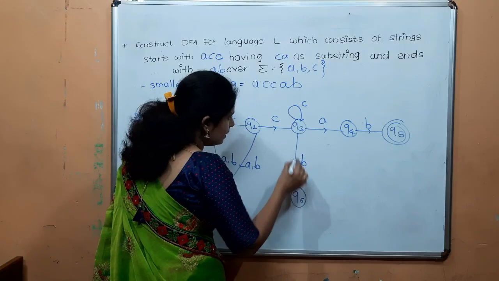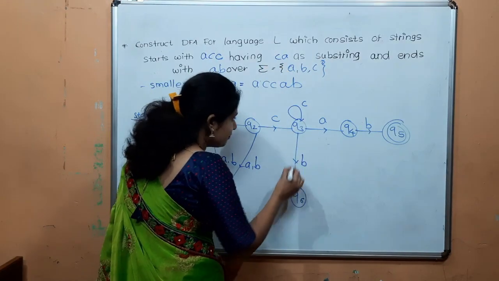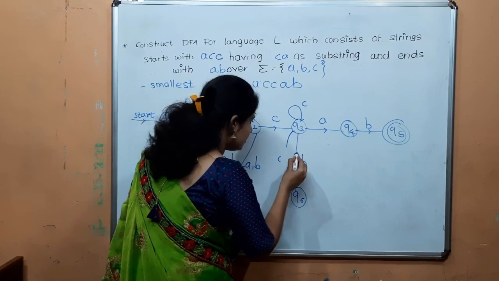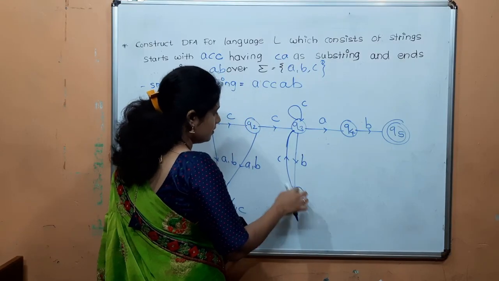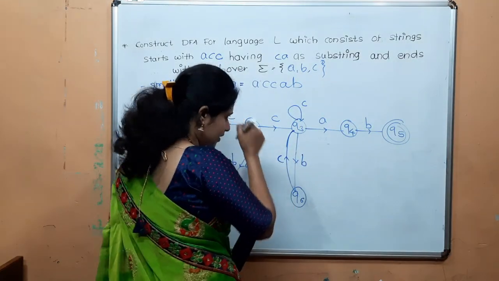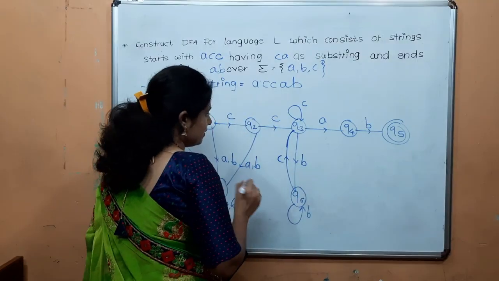B, we can have the conditions having CA. B, C, B, C, A. Then here we can give the self loop of B.